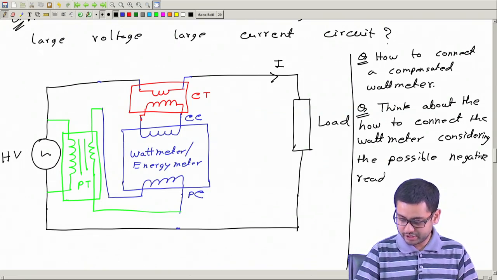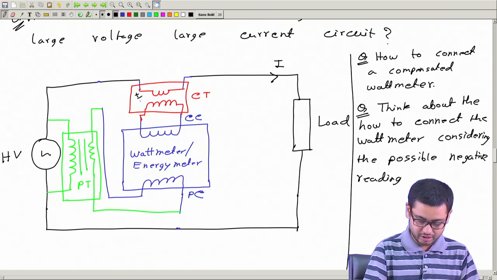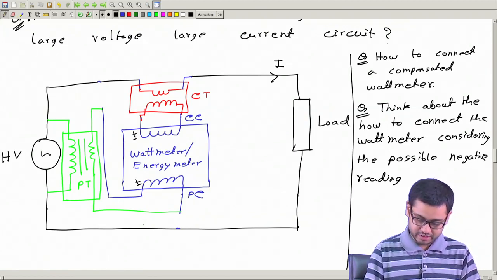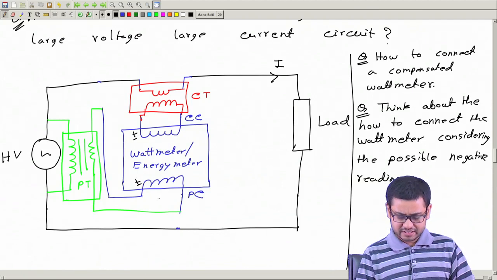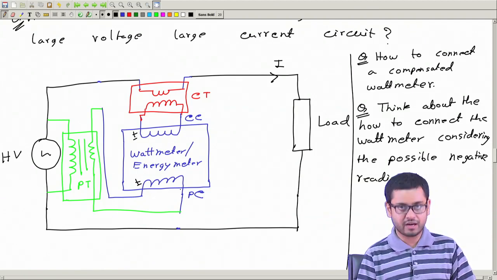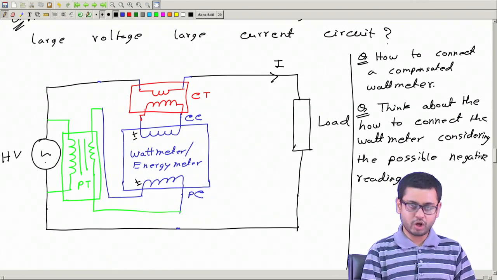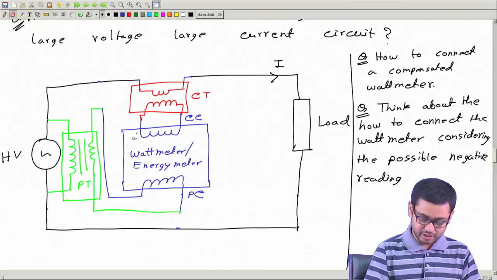By this I mean, if you have plus minus signs on the two coils of the wattmeter, then which is the correct diagram to measure the load power or the power supplied by the source. So think of it, that will be a very interesting thought exercise.